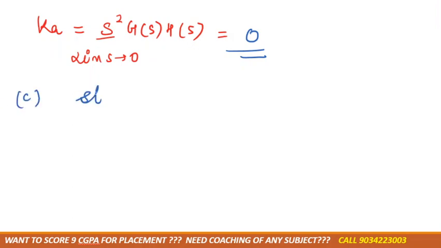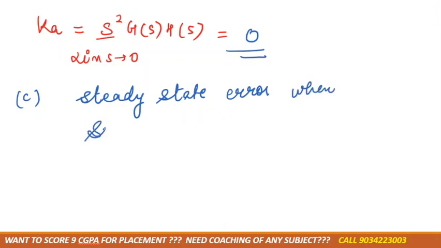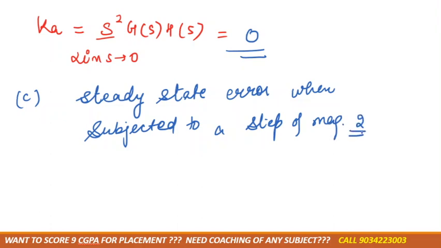The third part asks you how to calculate steady state error when subjected to a step of magnitude 2. The error for this, for Kp, will have the formula A divided by 1 plus Kp, correct.